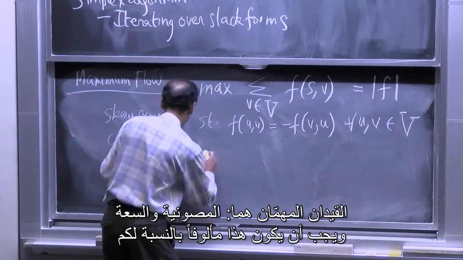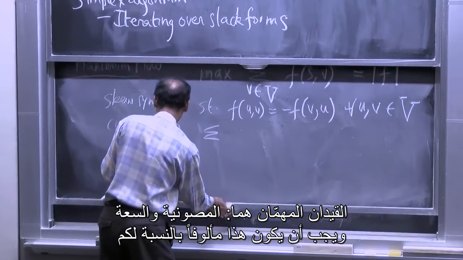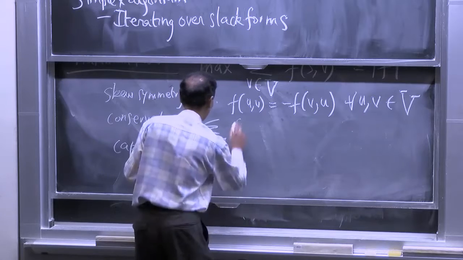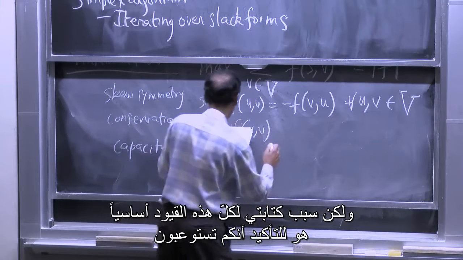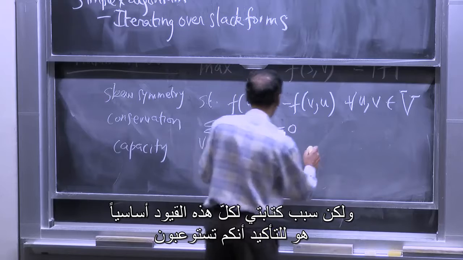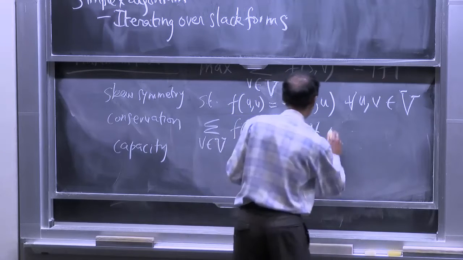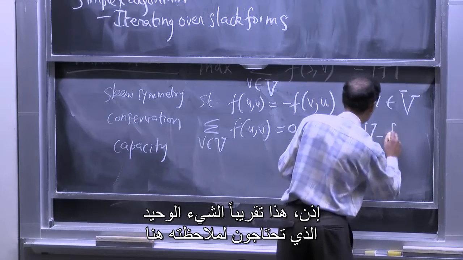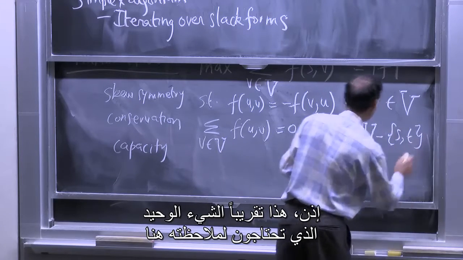The important ones are conservation and capacity, and this should seem pretty familiar to you. But the reason I'm writing these all out is primarily to ensure that you understand that these are all linear constraints. So that's pretty much the only thing that you need to observe here.